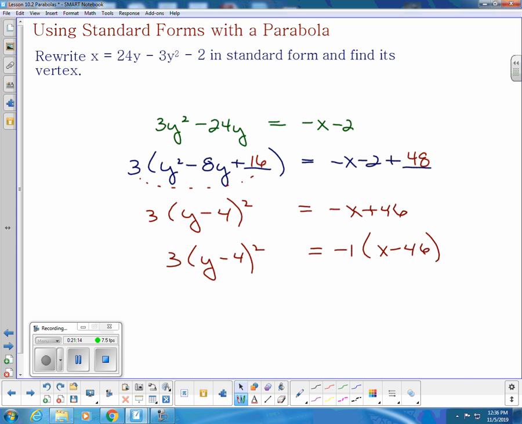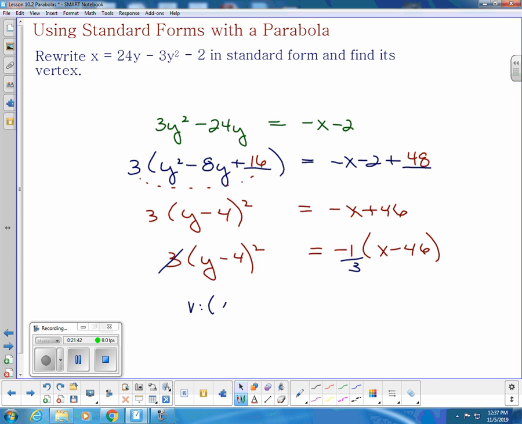We're looking pretty good. We have one more step to make it standard form: the squared bracket should be by itself. So what do we have to do with the 3? Divide it in the front. We're creating that a value, that 4 times p value. And you're done. And then what is my vertex there?